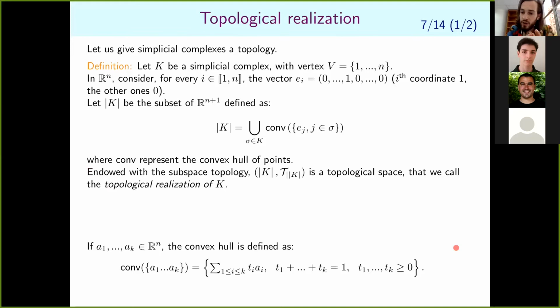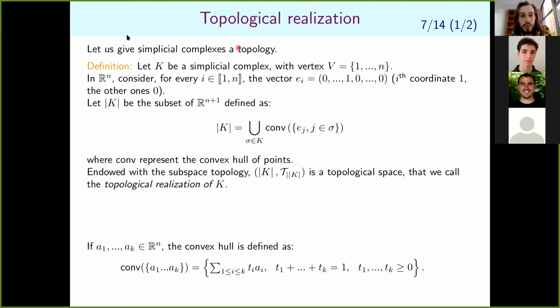So we'll start with an abstract definition of the topology we can put on a simplicial complex. And then I will explain a simpler way to understand this topology. To give a simplicial complex a topology, we will use the subspace topology of the Euclidean space.